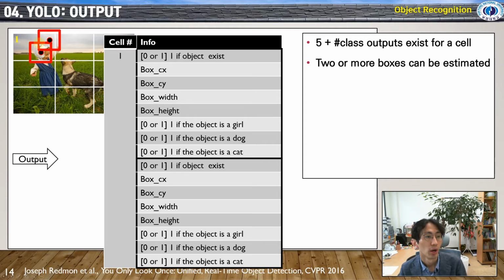The first object could be a person here, and another object is going to be the sky in here. For this reason, they designed the YOLO output in this way. In one cell, there could be 2 or 3 boxes, and the contents are the same.